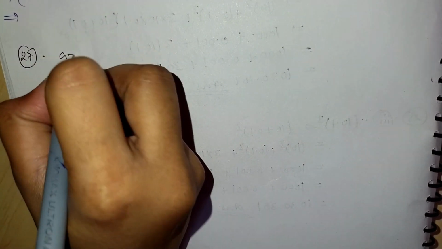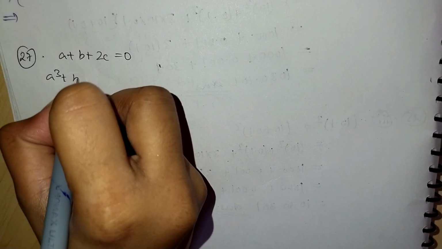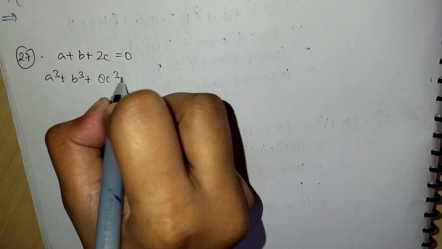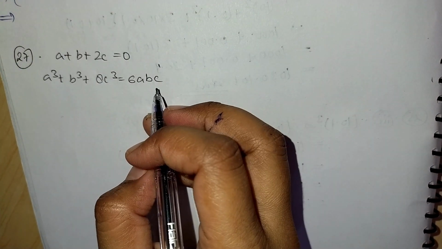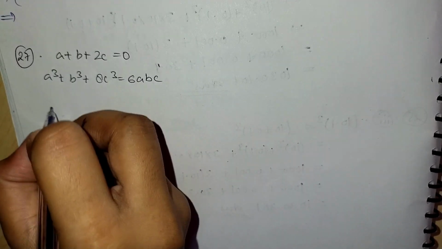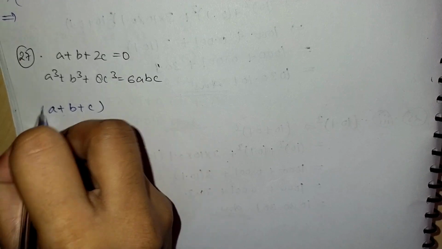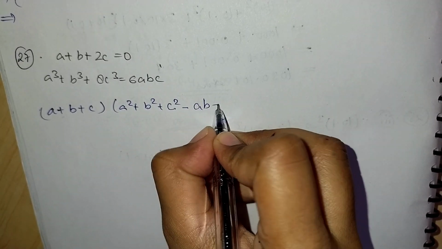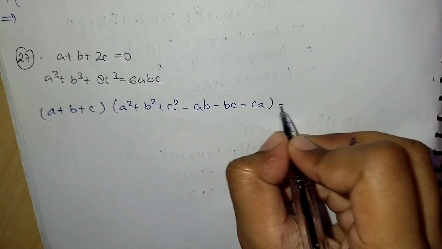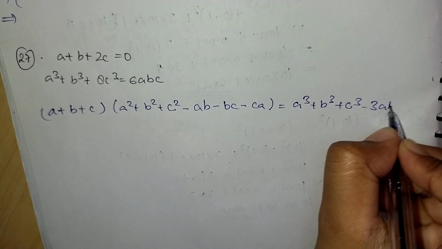Let us solve the 27th question, which says that if a plus b plus 2c equal to 0, then a cube plus b cube plus 8c cube is equal to 6abc. So here it is an identity of the formula (a plus b plus c) into (a square plus b square plus c square minus ab minus bc minus ca) is equal to a cube plus b cube plus c cube minus 3abc.